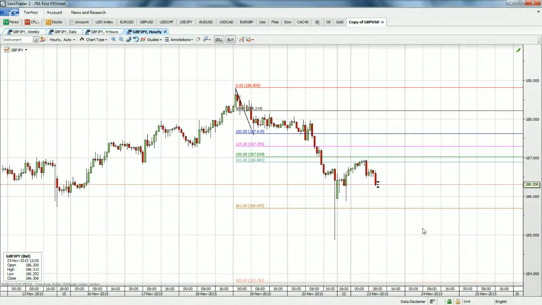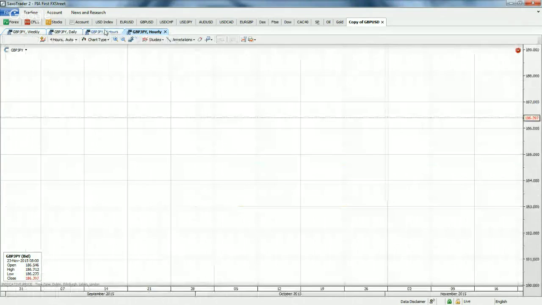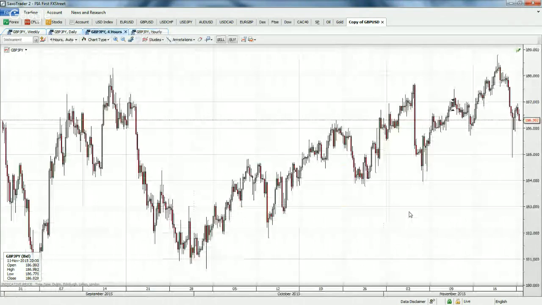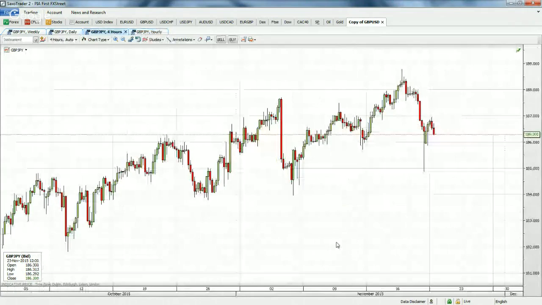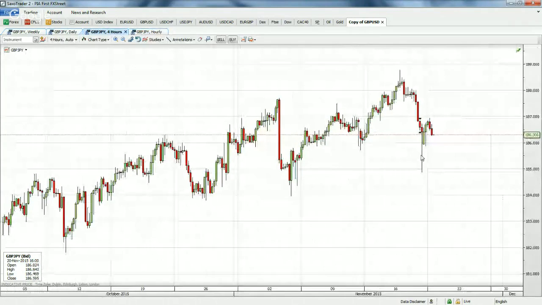But I don't think the corrective rally in sterling yen will be very big. Even these are completely skewed, because that is a definite wrong ticker down there.